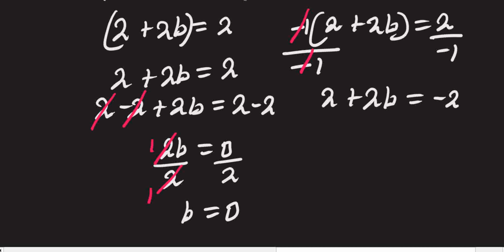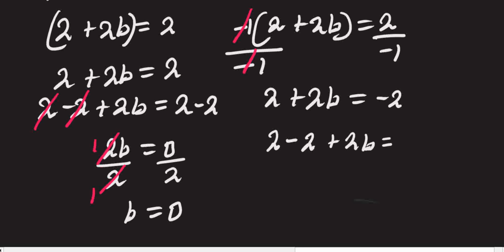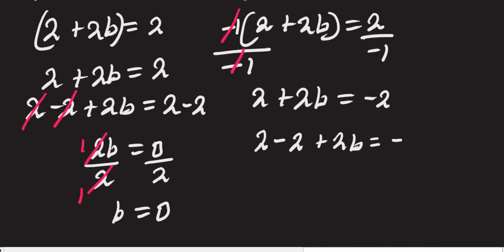So now we can isolate 2b by subtracting 2 from both sides. So 2 minus 2 plus 2b is equal to negative 2 minus 2.